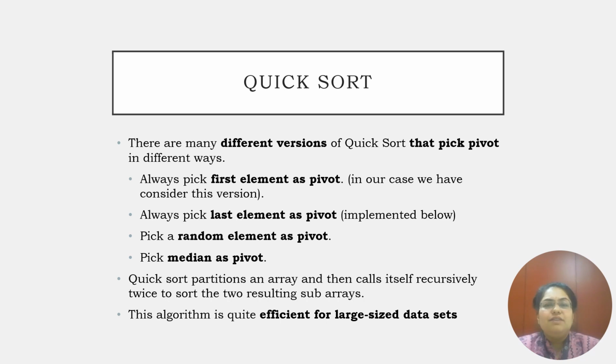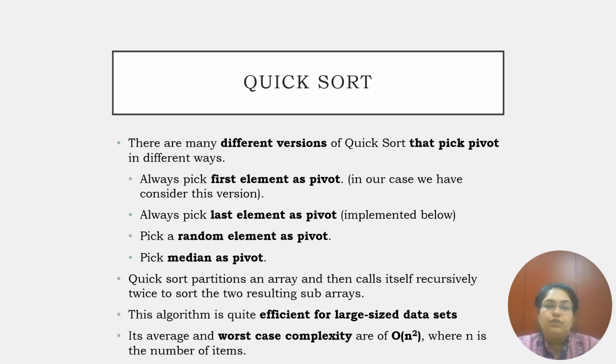We can also have other versions where we pick the last element as pivot, or we can pick a random element as pivot, or take the middle one as pivot, whatever we would like to implement. So we have to choose one version to decide which will be our pivot.